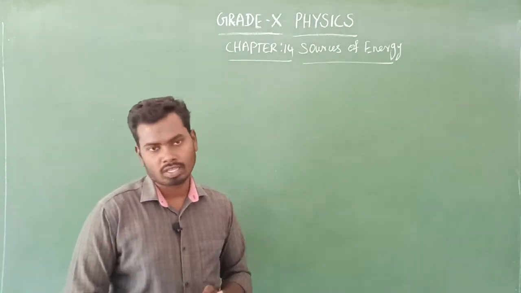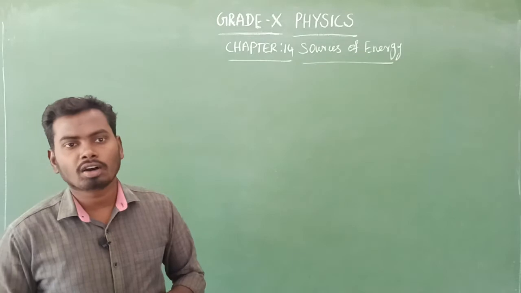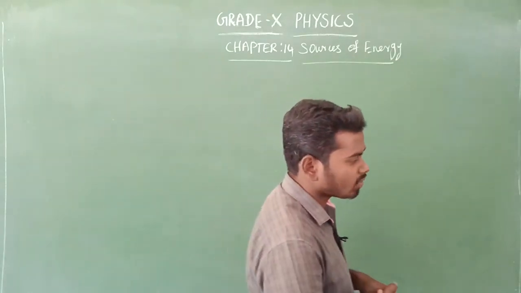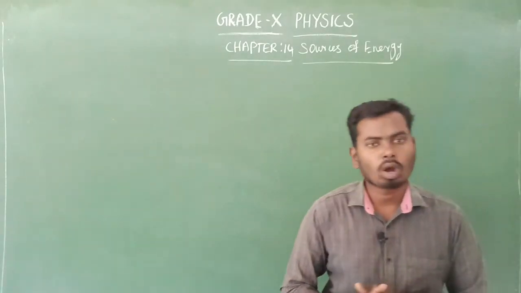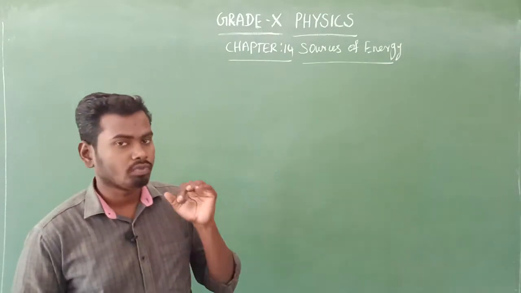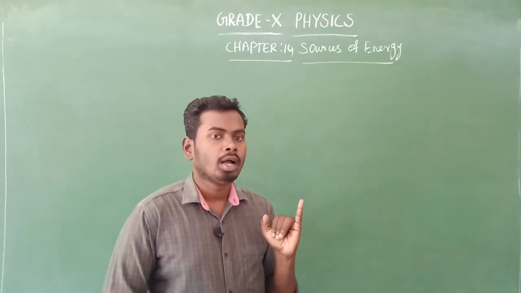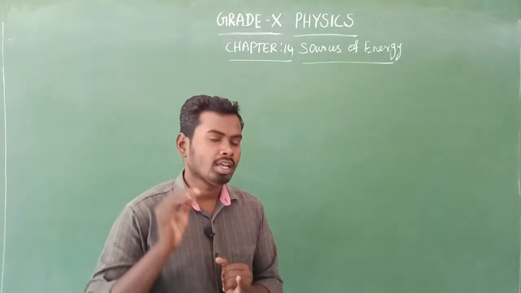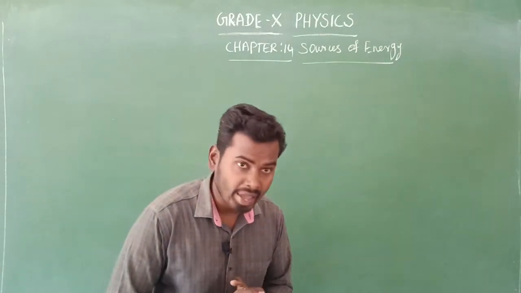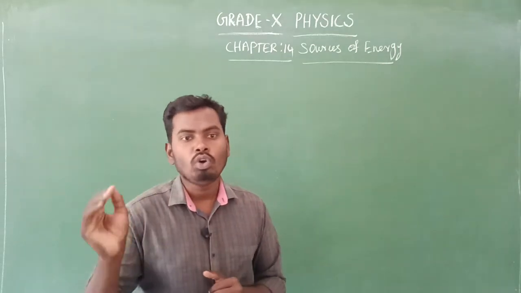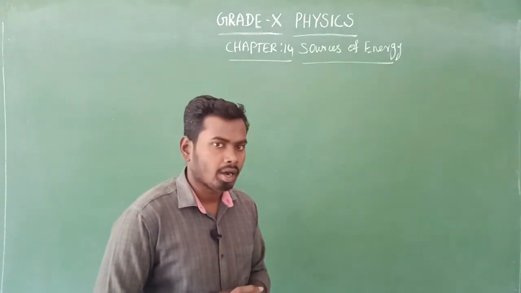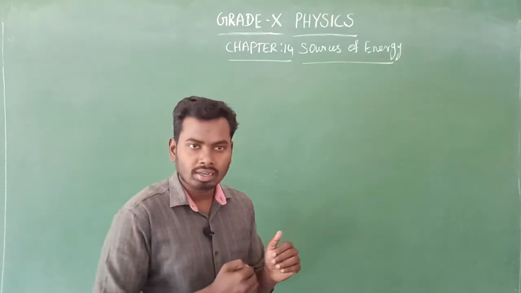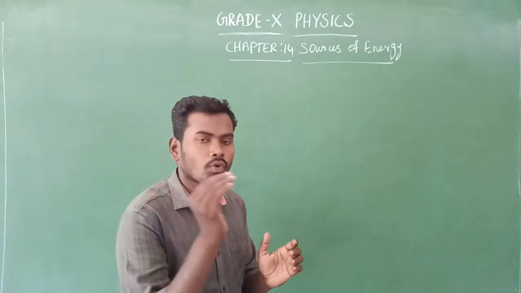Is it clear? Next, come to the advantages of a hydro power plant. What is the advantage? That is a very important advantage: a pollution free environment. The hydro power station causes a pollution free environment, because we are generating electricity only from flowing water.